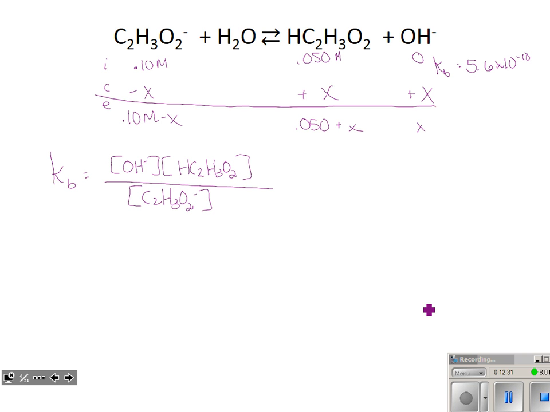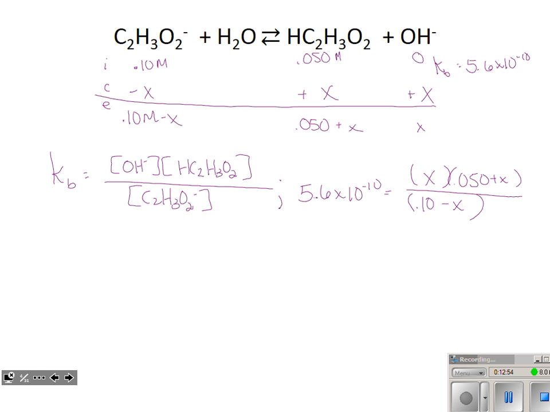And now we can plug and chug. We'll substitute our values into our algebraic expression. So 5.6 times 10 to the negative 10 equals Kb, x times 0.050 plus x divided by 0.10 minus x.